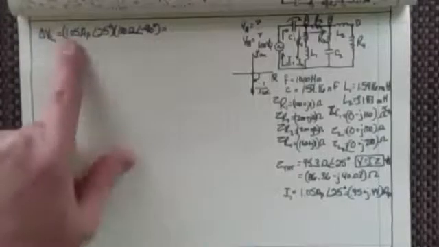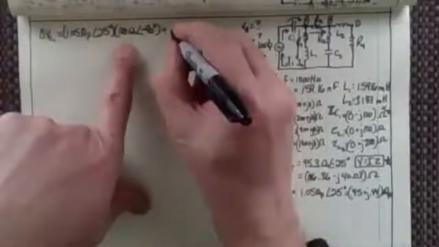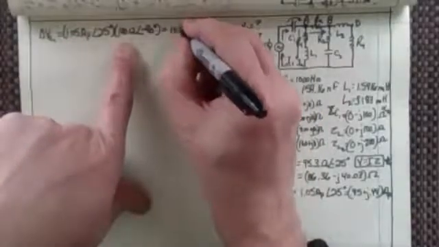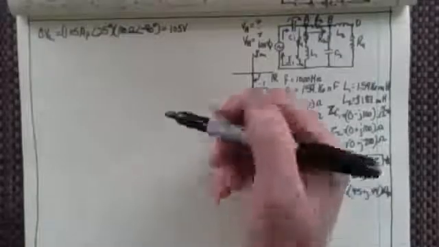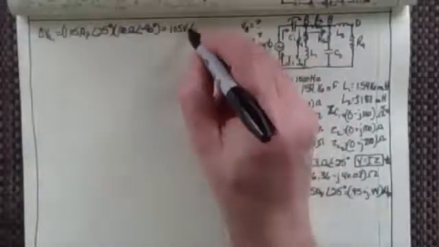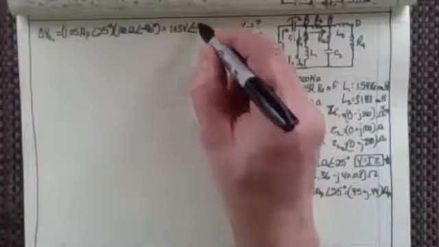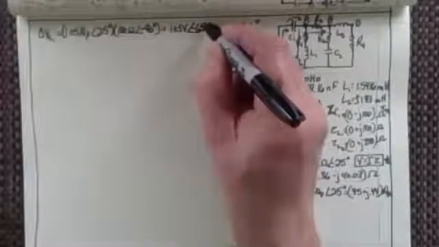Well, we can see 1.05 times 100 should give me 105. So we started off with 100 and we're dropping 105? No, of course we're not, because we've got 25 and minus 90, don't we? So 25 minus 90 gives me minus 65. So 105 volts, but it's at minus 65.